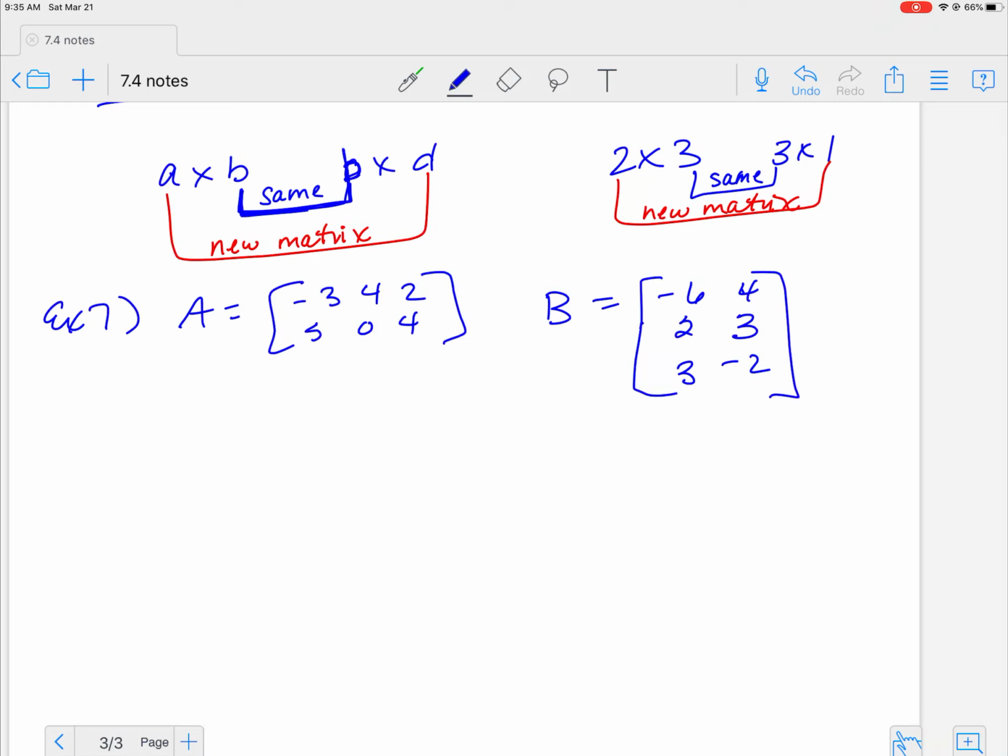Then I want to take A times B. So I'm just going to write the product of AB. So here's my struggle. Normally we put this, and then that one. In Calc 3 this is called the dot product, where you have to do two matrices together.